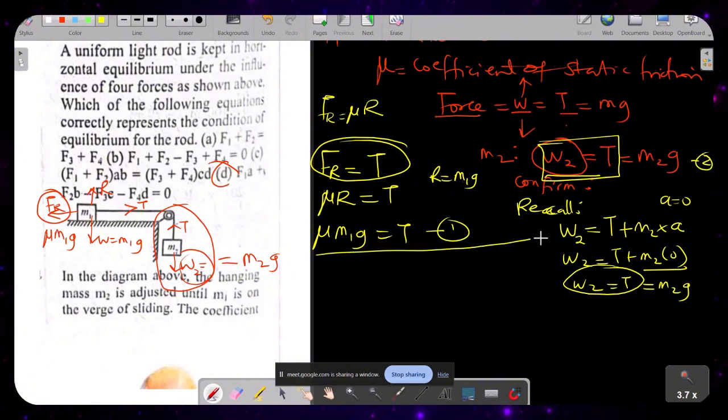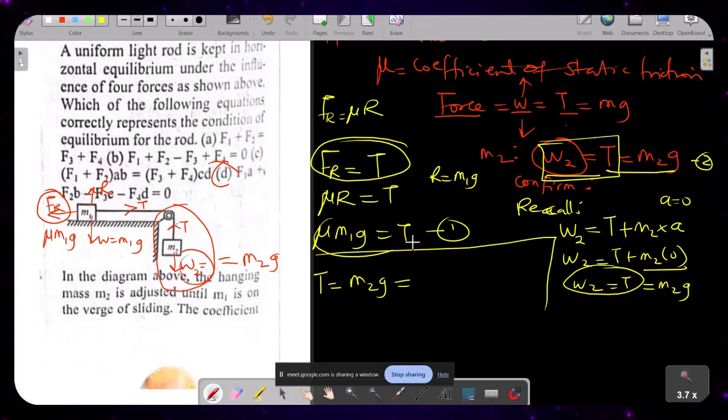So when you combine both equations, what do we have now? Any of them can be the first equation. Under the first equation, your tension is equal to M2G. Under the second one, your tension is going to be the coefficient of static friction times M1G.